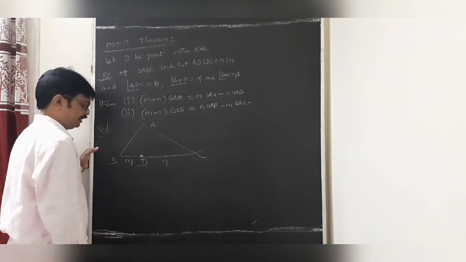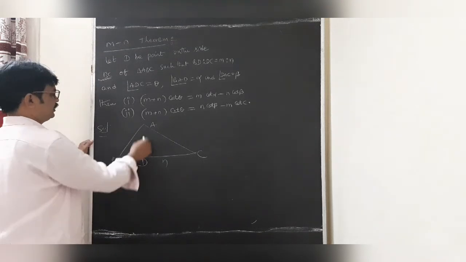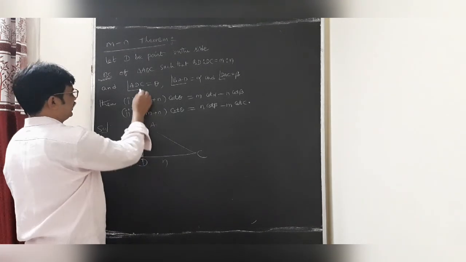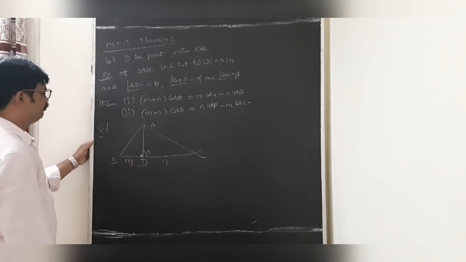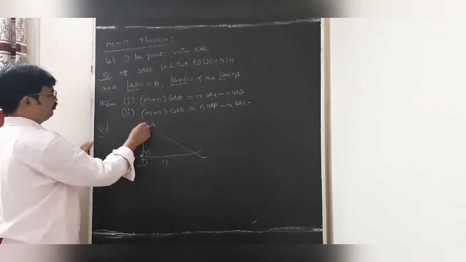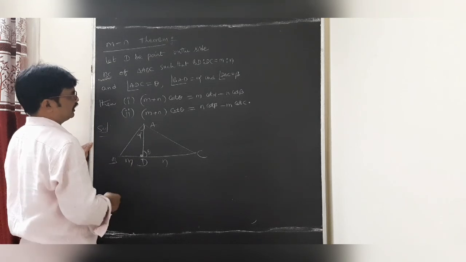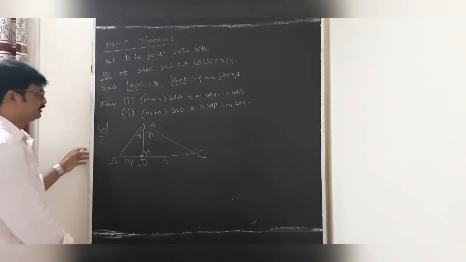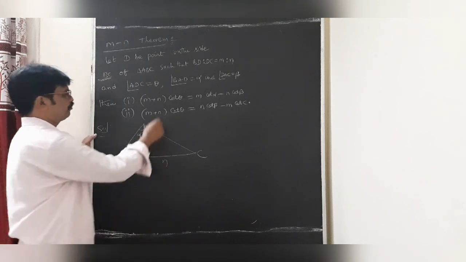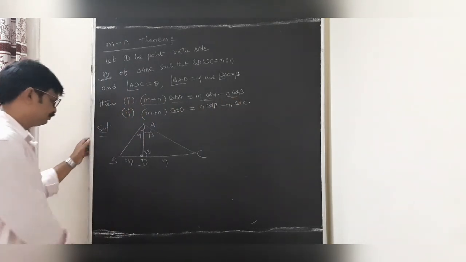One more thing given: angle ADC is theta, angle BAD is alpha, and angle DAC is beta. Okay, students. Now we have to show m plus n cot theta equals m cot alpha minus n cot beta.